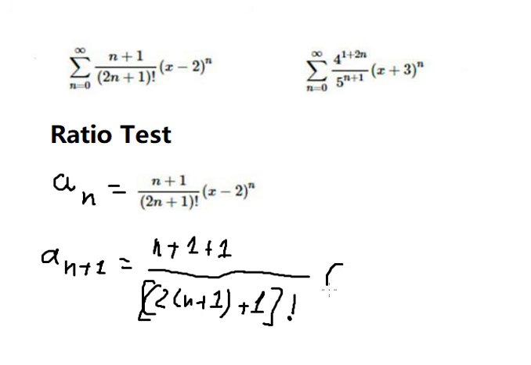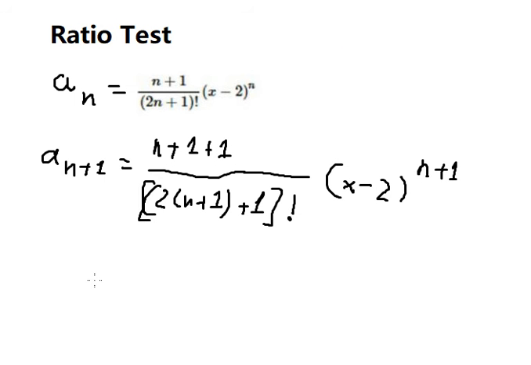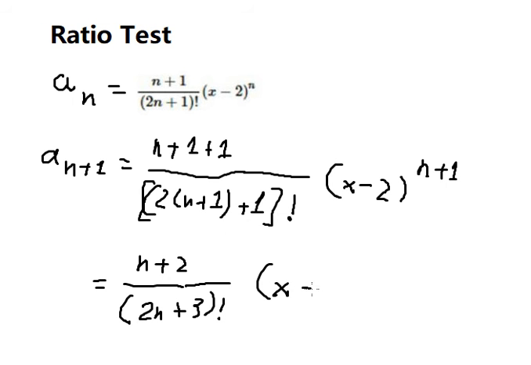So multiplied by (s minus 2) to the power of n plus 1. So we have n plus 2 in here. So this one we need to expand, and you get 2 with n, you get 2n. 2 with 1, you get 2. 2 plus 1 is 3. Factorial. Multiplied by (s minus 2) to the power of n plus 1.